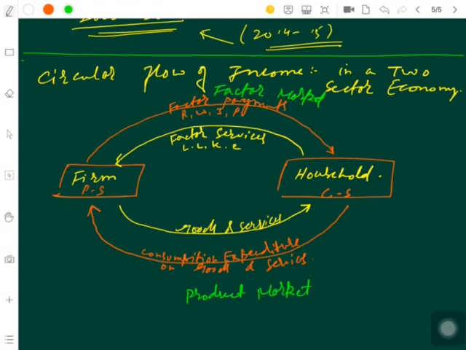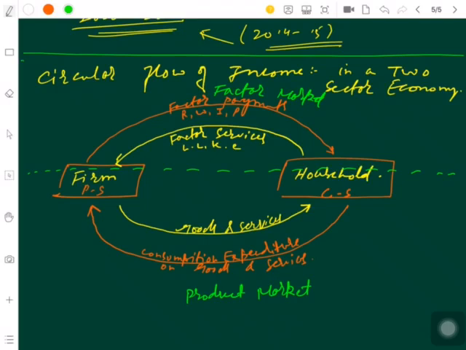So sometimes you are being asked to make a model of a circular flow from the factor market point of view. At that time you will have to take only the above two arrows into consideration. If from a product market point of view, you will have to take only the below two arrows into consideration. So the above part constitutes the factor market, whereas the lower part will constitute the product market.